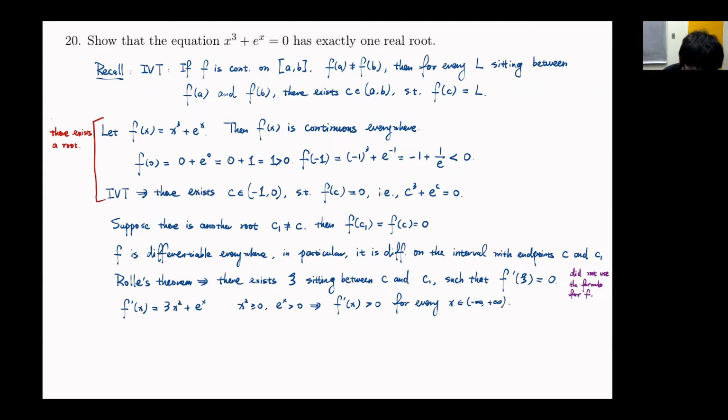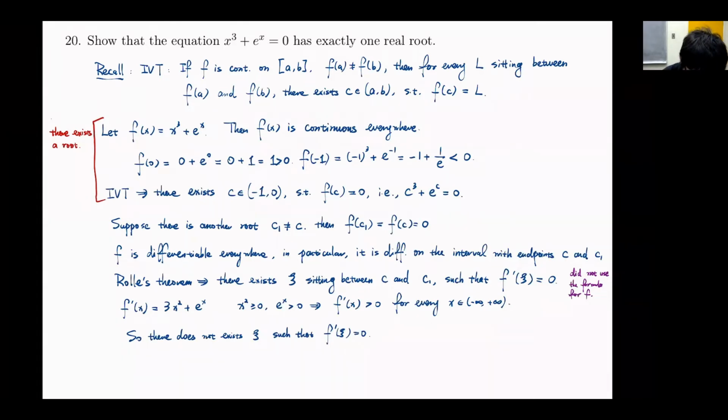So this is actually a contradiction. There does not exist a ξ such that f prime of ξ equals 0.